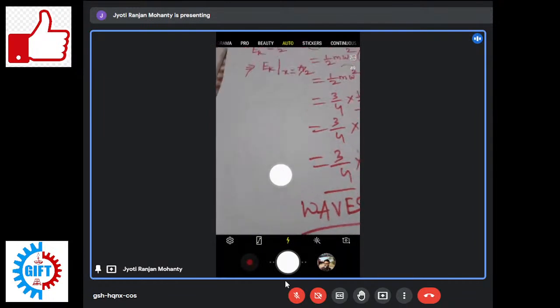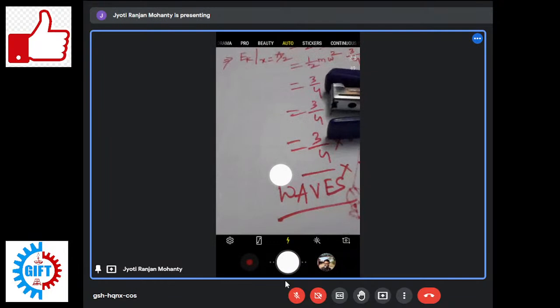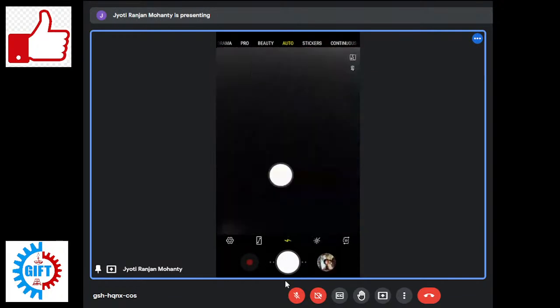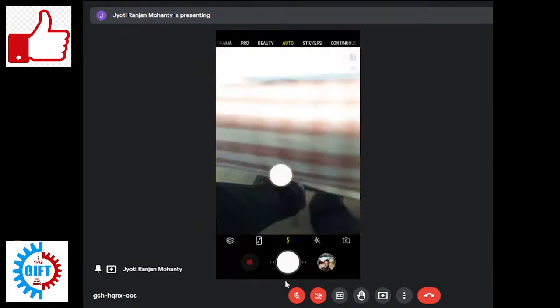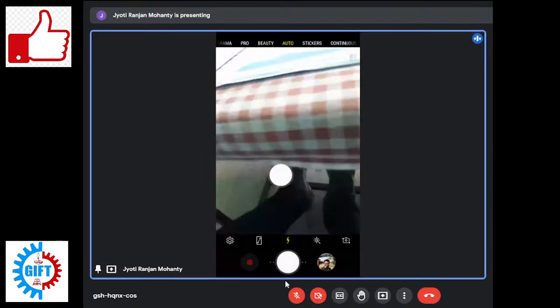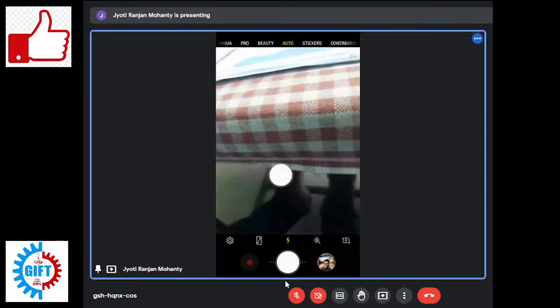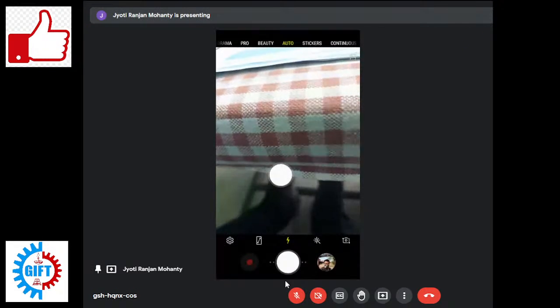Any idea about waves? Who can explain what is a wave? It is a disturbance in a specific medium. It is a disturbance in the particles of a specific medium.